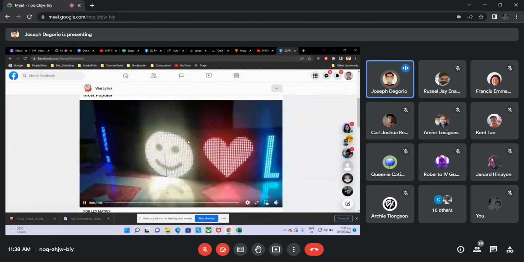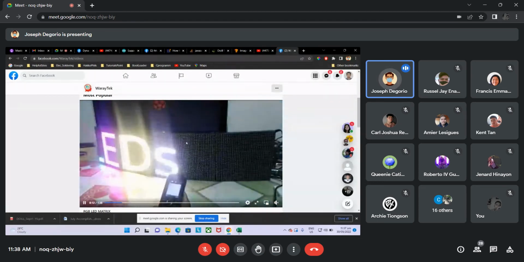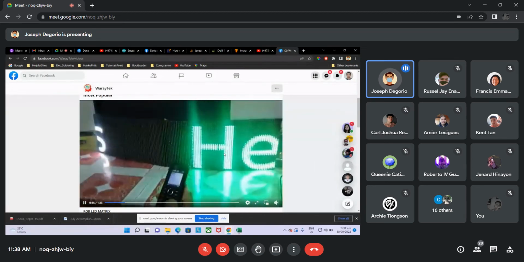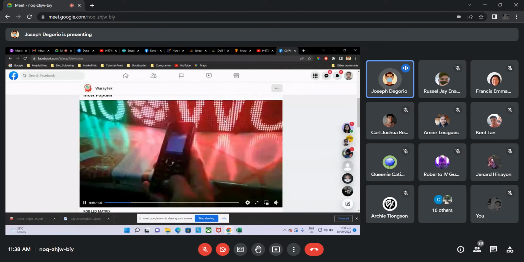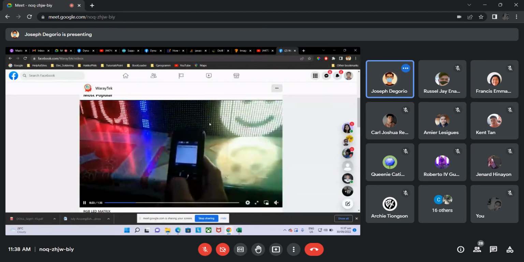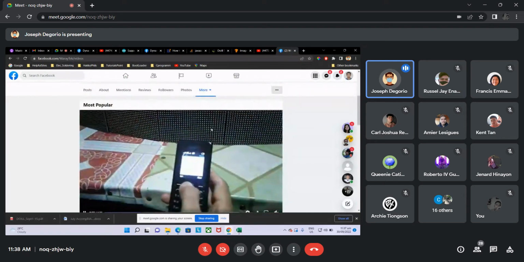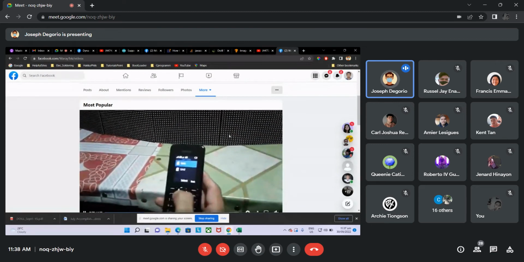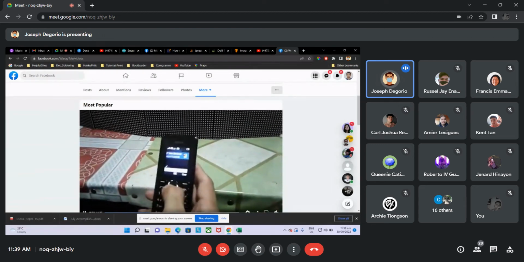If we have occasions or activities in our school, we have this wide screen. Sometimes you can see this on the side of a building, like in Singapore City. Here, I have four panels connected together. Then I created an application.